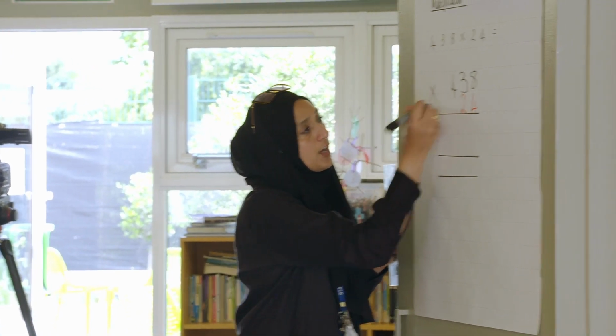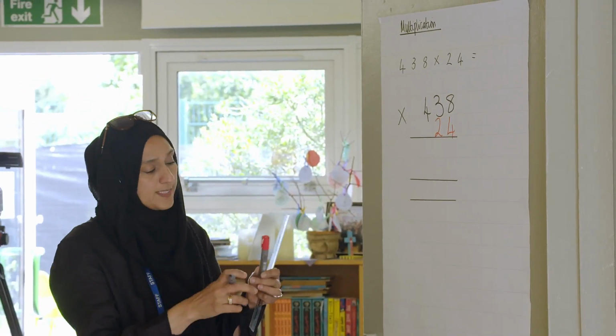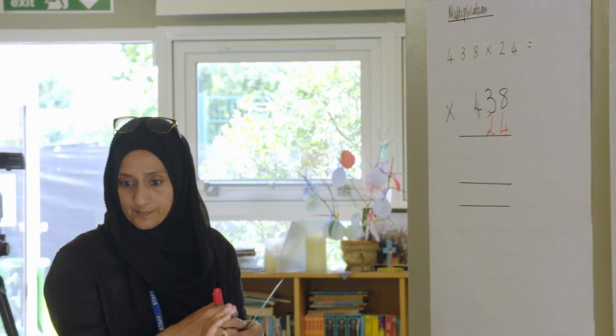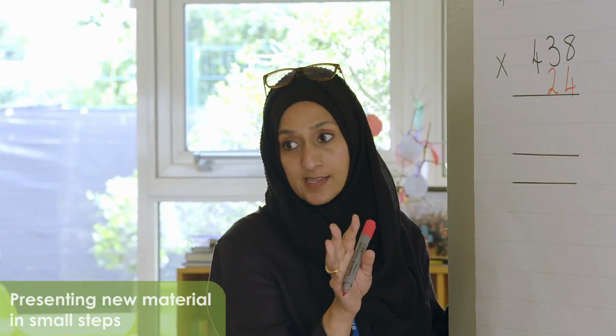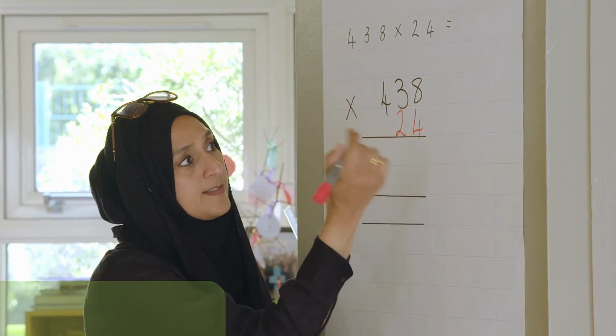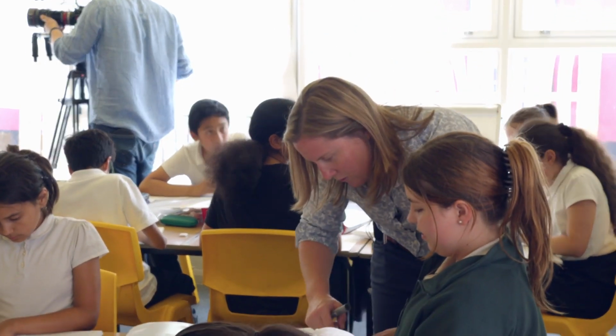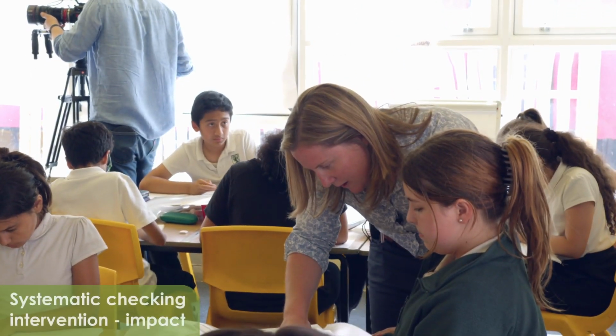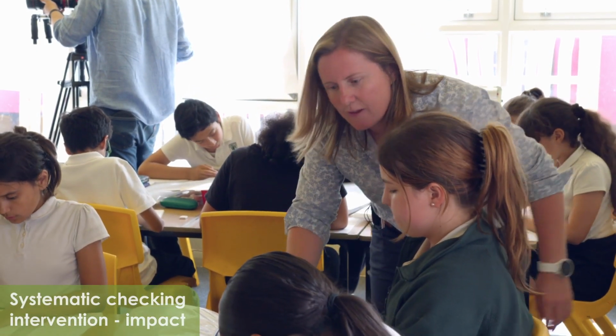It's all ready to go. Where do I start? Jarina. 8 times 4. So my first thing I'm doing is I'm multiplying 438 by 4. So that's my first. Okay, well at least you know what you've done wrong. So do you know how to correct it? Okay, you can do that then.